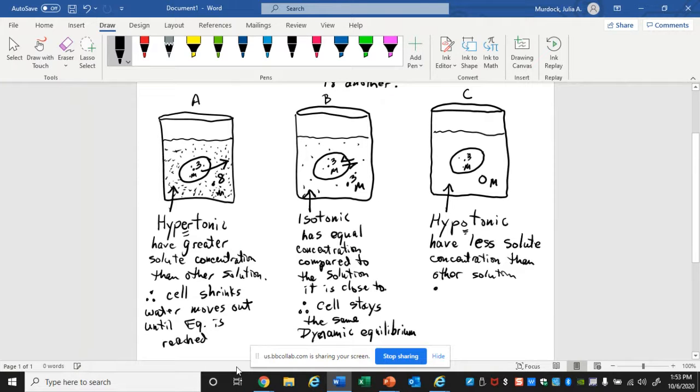As a result, obviously now, seems kind of counterintuitive, but what happens with a hypotonic solution? If you dump a red blood cell into a hypotonic solution with nothing in it, you're going to have lots of water flow into the cell. Okay, and as a result, the cell swells and might burst.